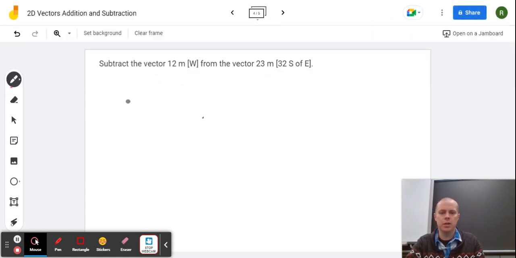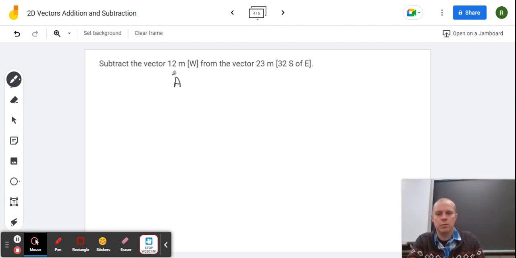All right, so let's take a look at a problem. Subtract the vector 12 meters west from the vector 23 meters, 32 degrees south of east.